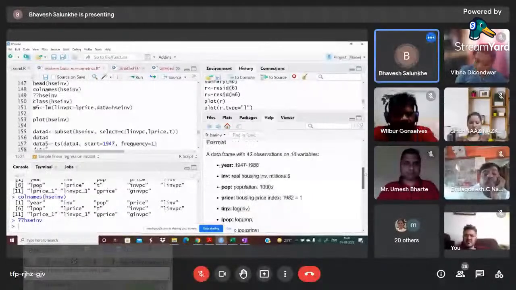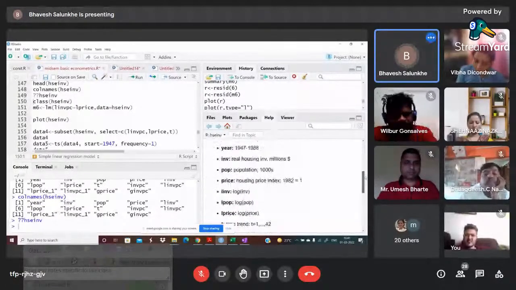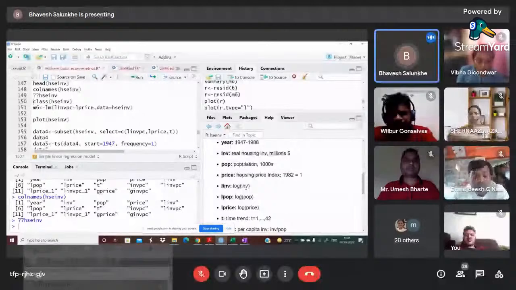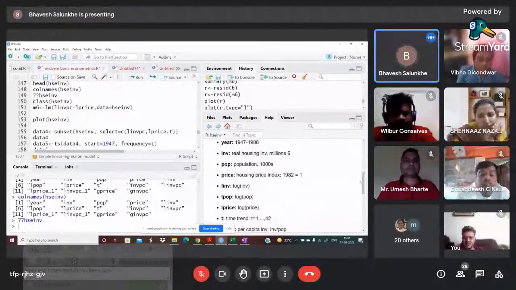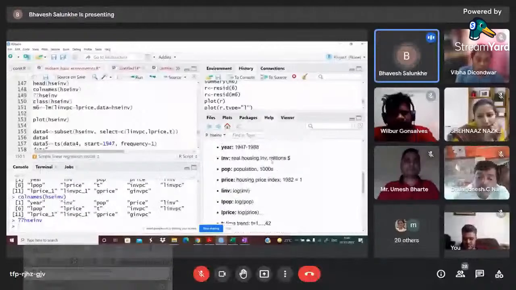We have real housing investment as INV, then there is housing price index. LINV is the log real housing investment in $1 million, and LPRICE is the log housing price index. So these two variables we pick up from the data along with T, the time trend.